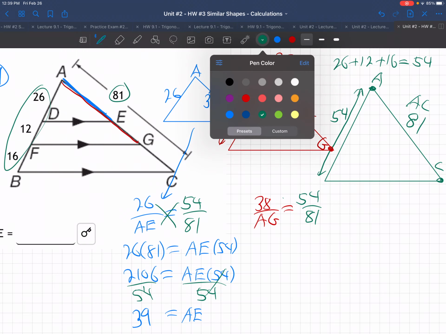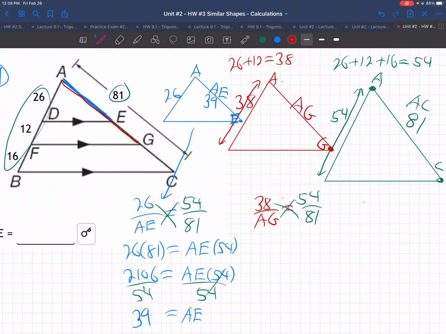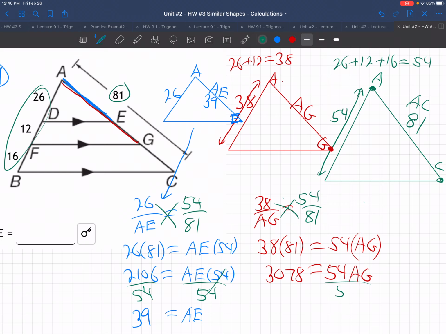So I'm going to cross multiply and I get 38 times 81 is 54 times AG, and use your calculator, and I get 3078 is 54 AG, and then last step there, divide by 54, and so we get AG is whatever, 57.